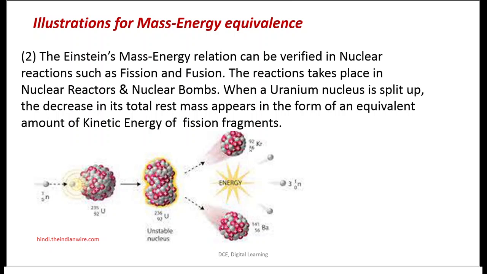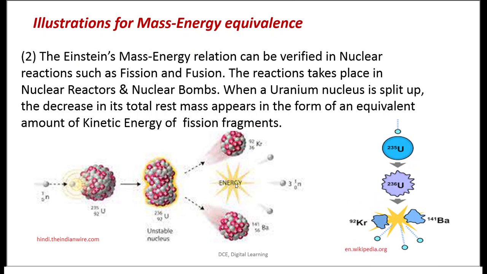Here the kinetic energy of these product elements and their masses is equal to the total rest mass of the uranium nucleus and neutron. This suggests that mass can be converted into energy.